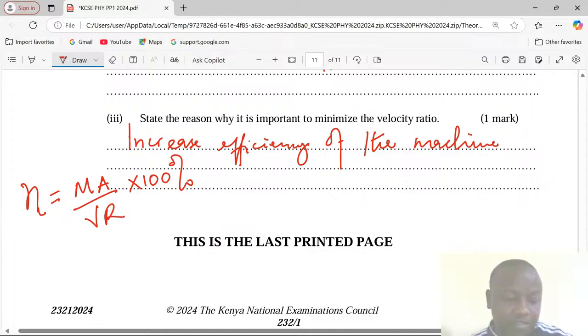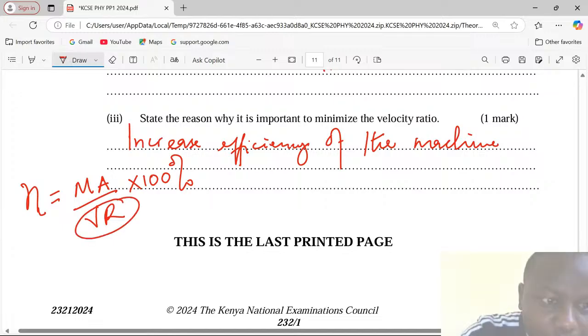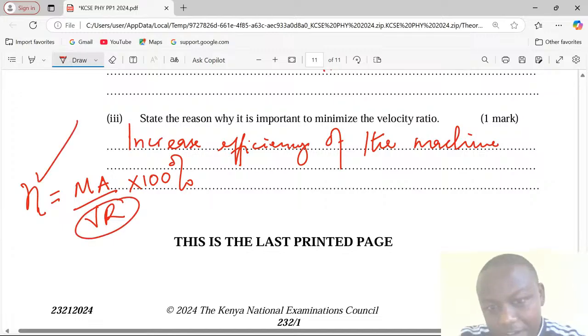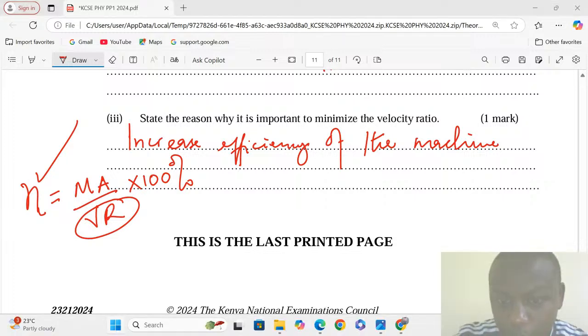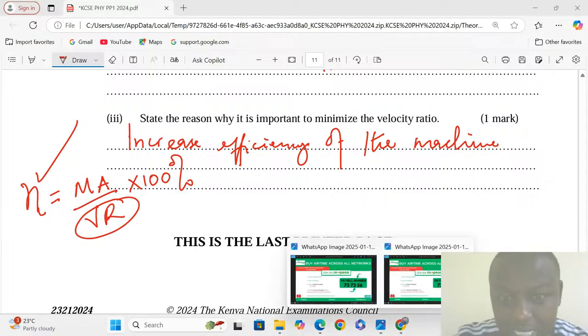Therefore, from this formula, you can see that velocity ratio is inversely proportional to the efficiency of a machine. When velocity ratio is minimized, when this one is decreased, we will have a greater efficiency. Efficiency is the output, how effective a machine is.